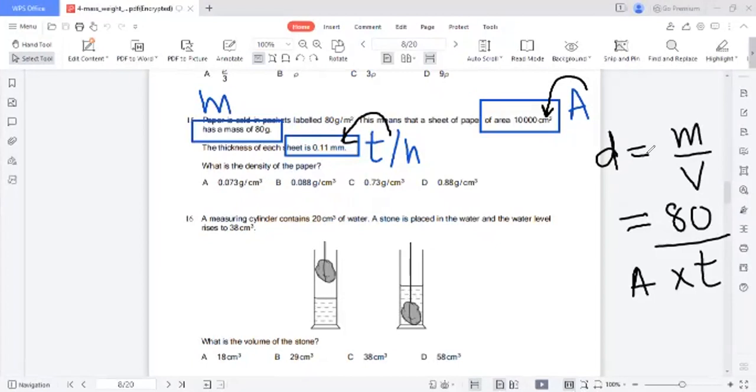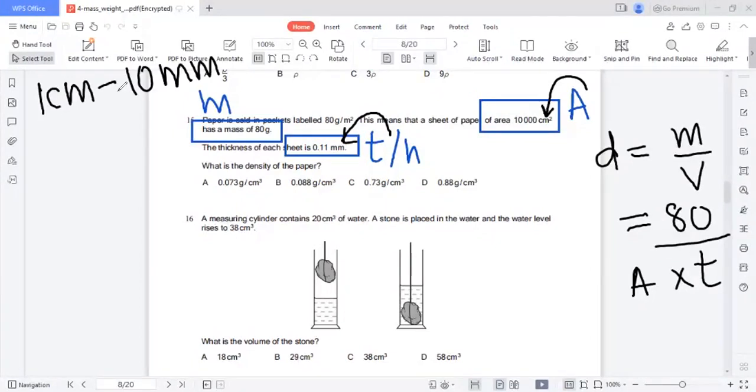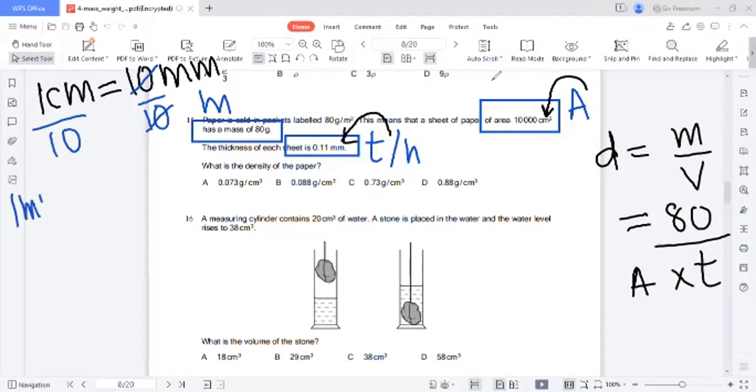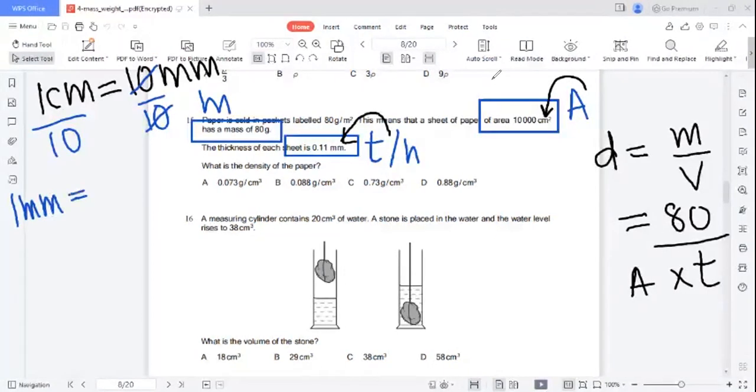So millimeter is a kind of odd type of unit. We can convert it into centimeters. So 1 centimeter is actually equal to 10 millimeters. So now divide both sides by 10. So 10 is cancelled. So 1 millimeter is 1 over 10 centimeters.